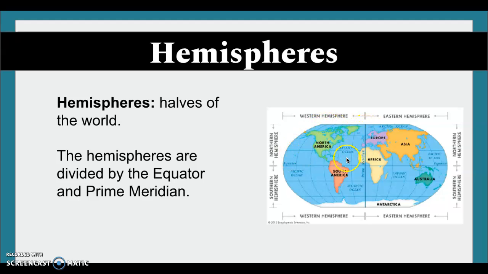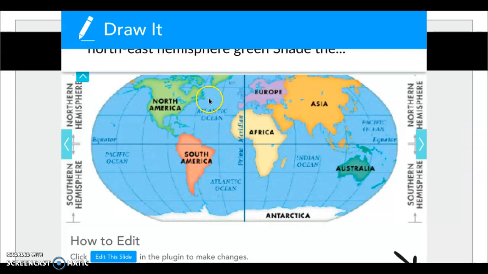North America is in the northern hemisphere and western hemisphere. We also have the southwestern hemisphere, the northeastern hemisphere, and the southeastern hemisphere. If you're going to mention both north and east, or north and west, southeast, southwest, you will always lead with either north or south. So here you were to shade each quarter a different color.